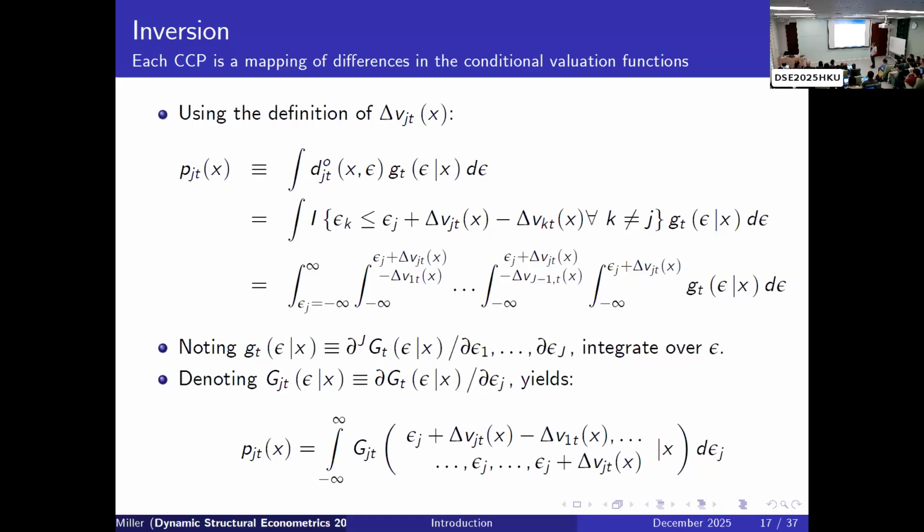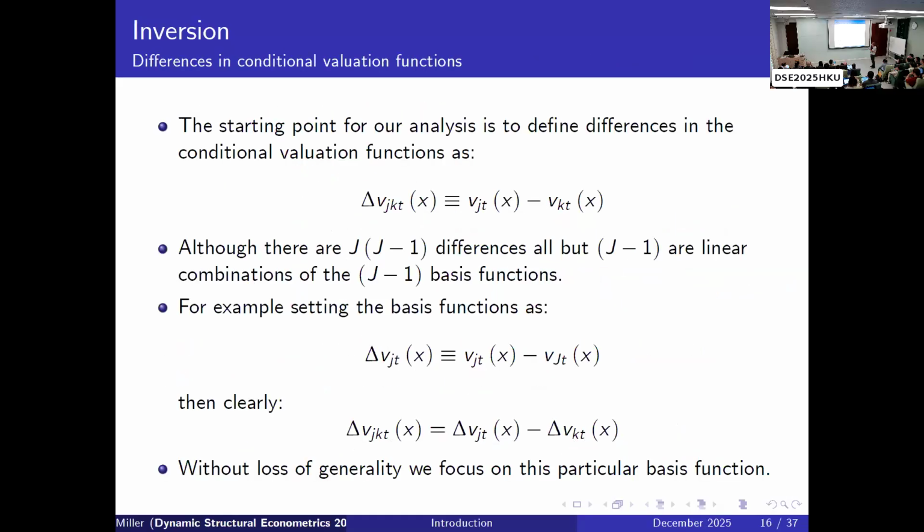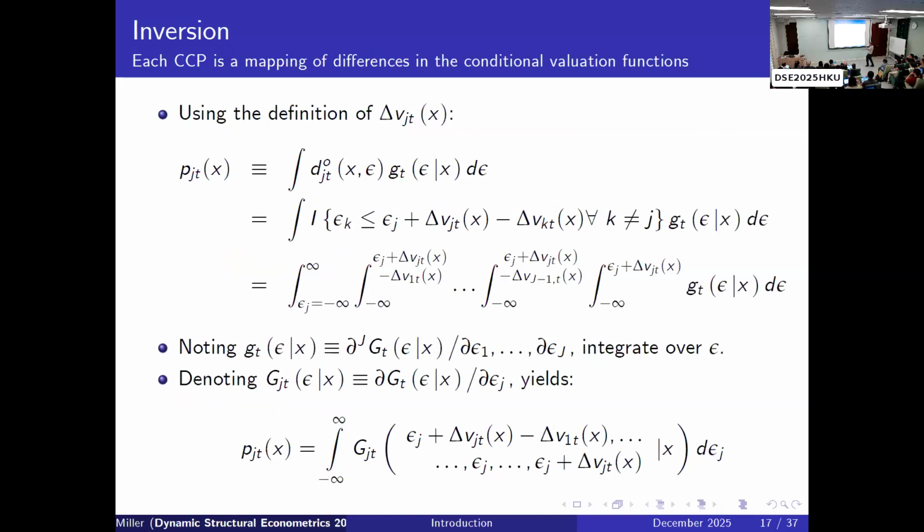Notice now that all I've done is subtract. What I did before, let's look at this a little more closely, was I didn't have the triangles in there. I was just looking at V little j plus epsilon j, and we're going to integrate over these anyway, is bigger than V little k plus epsilon little k. Okay, that's what we did before. And now I've got deltas in front, okay?